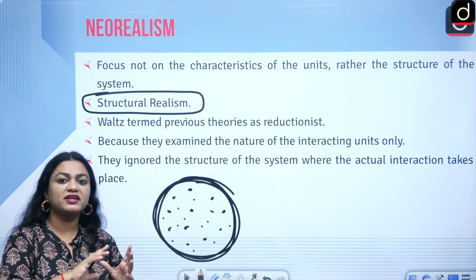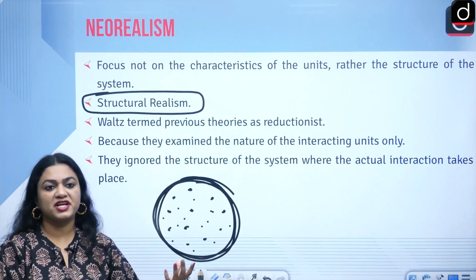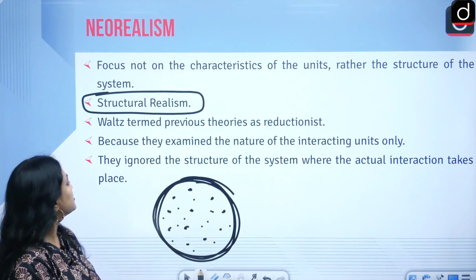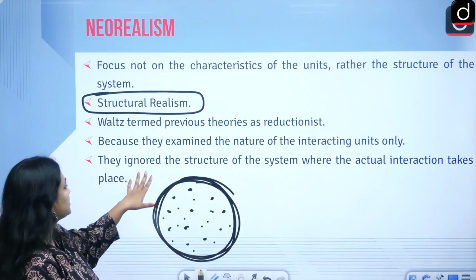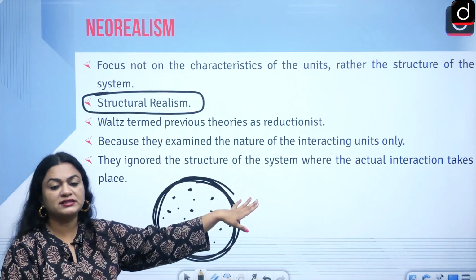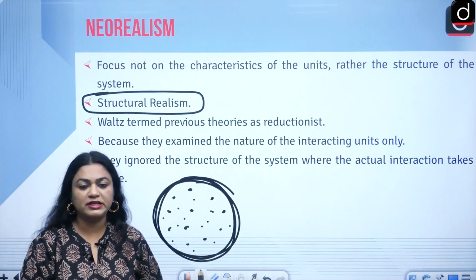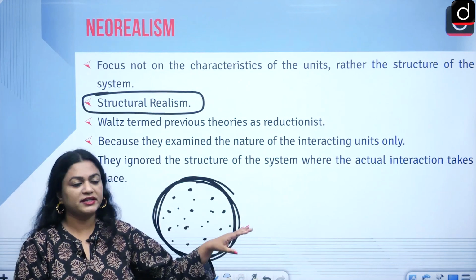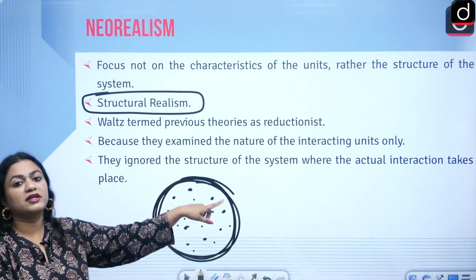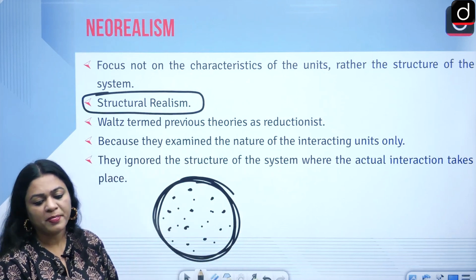Even the behavior is molded and shaped by the nature of the system. The classical realists ignored the structure of the system where the actual interaction takes place. They didn't think about the structure in which these states are interacting. That is the reason why the structural realists came to discuss the system in which these states interact.